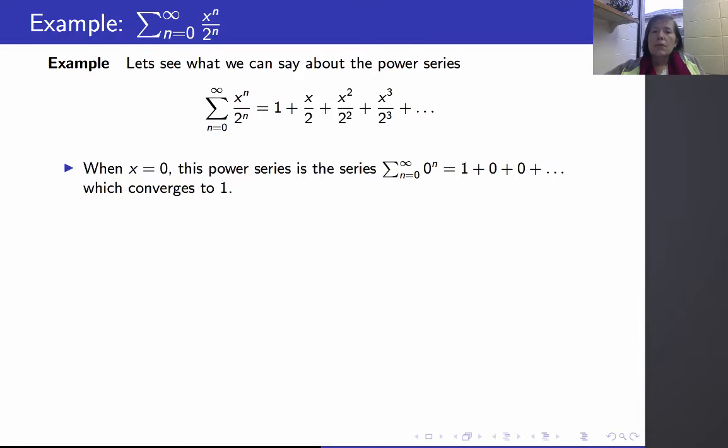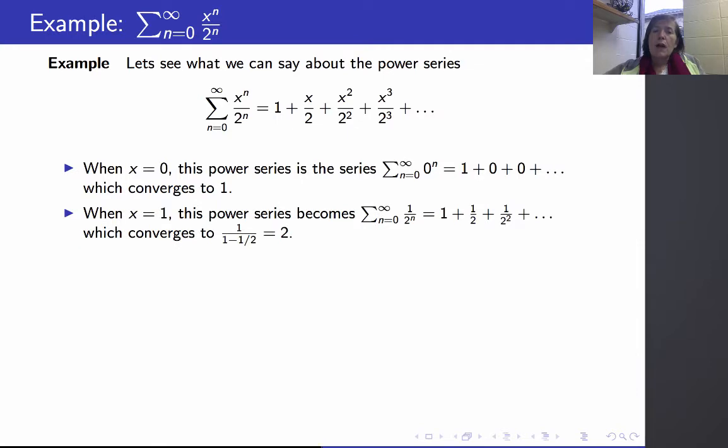So when x is 0, this power series is 0 to the 0, which we define to be 1 in this case, plus 0, etc., and this converges to 1. And when x equals 1, this power series converges. It's the sum from 0 to infinity of 1 over 2 to the n, and this is a geometric series with r equals 1/2, so it converges to 1 over 1 minus 1/2, which is 2.